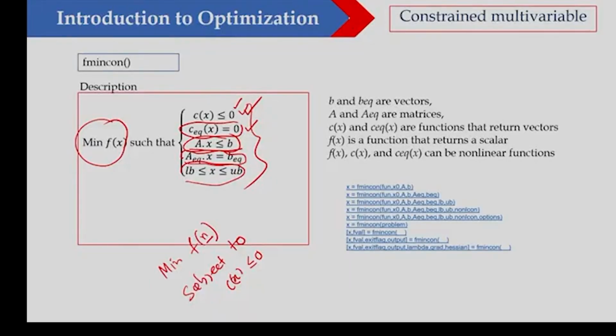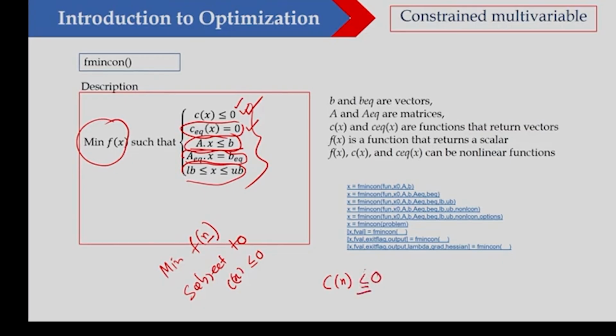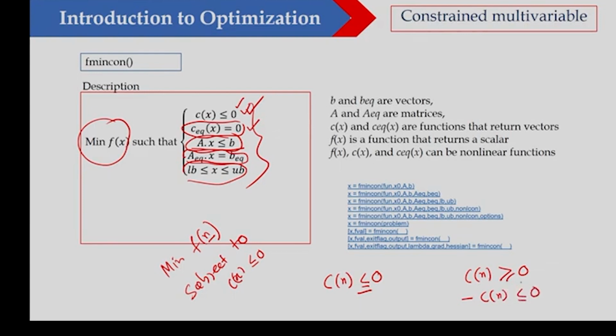Here we have to note one thing: when you are defining an inequality constraint, that means c x is less than equal to 0, this sign should be less than equal. That means if your problem is c x greater than equal to 0, then what you will do? You will multiply it by minus 1, so minus c x is less than equal to 0.